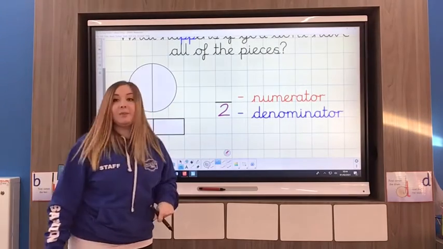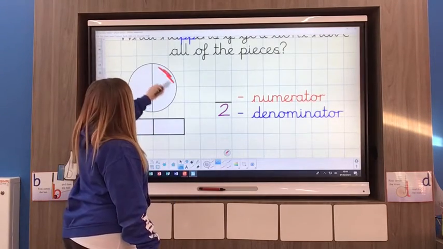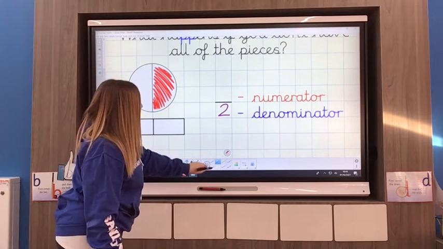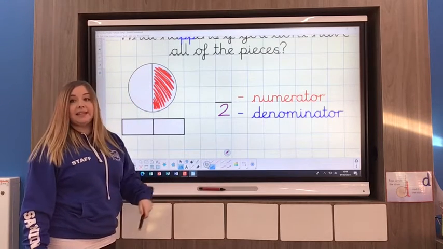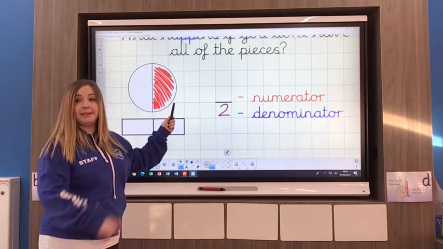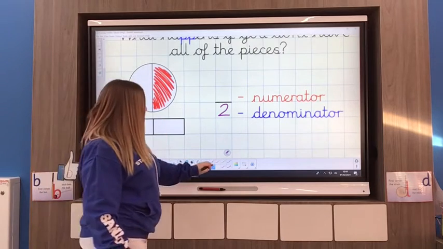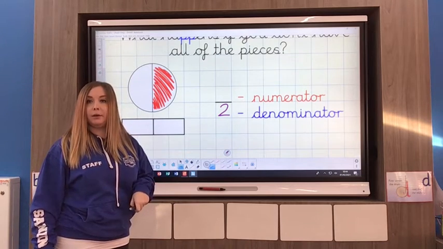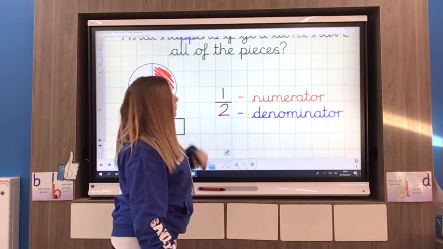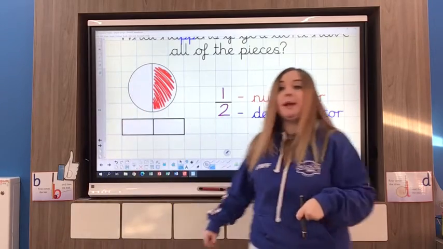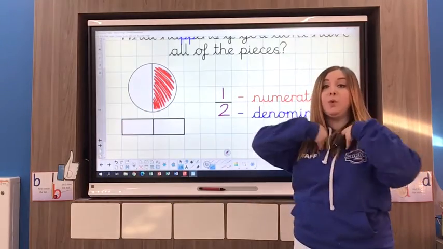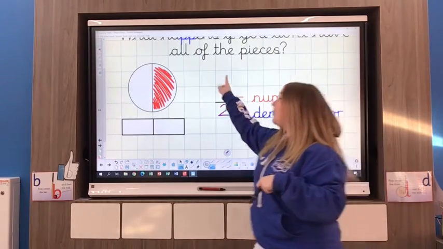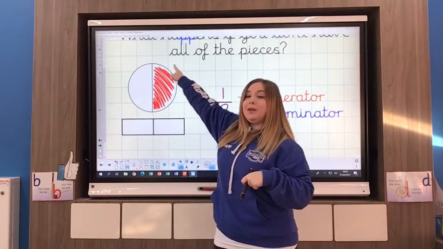And now I'm going to give myself a piece of this whole. Now you can see that I've got one of those pieces. I've got one. So where would that number 1 go, Year 4? It would go at the top. Remember, the top number, our numerator, is how many pieces we have, and the denominator, or the bottom number, is how many there are all together.